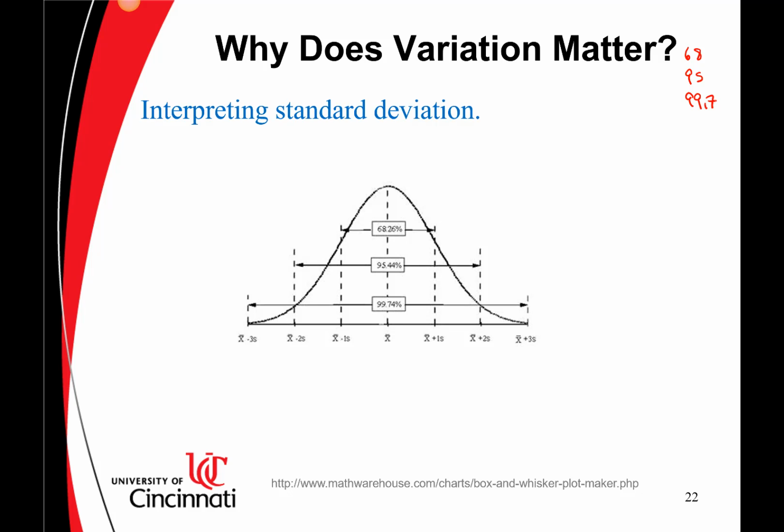Now, how does this work with the data that we have? Well, first thing we do is we come up to this and we say, well, we know that our mean is 100. That's right there in the middle. Then we're going to go one standard deviation this way. I know that the standard deviation was 11.9. Is anybody going to get real upset if I just call it 12? Okay? It'll make the numbers easier. If we go to the right one standard deviation, this is going to be 112.